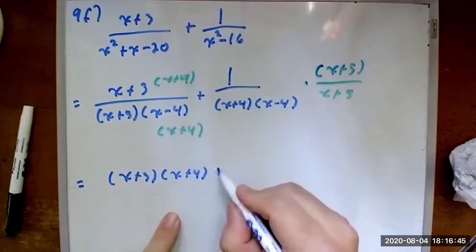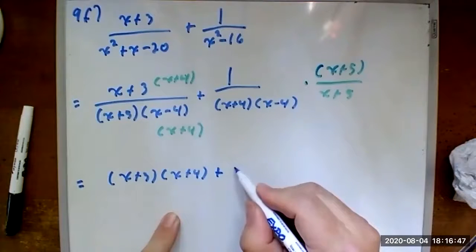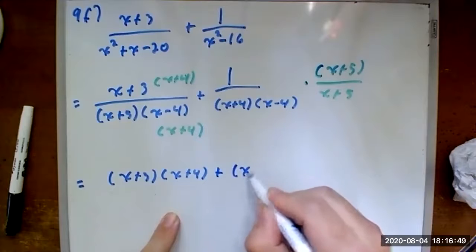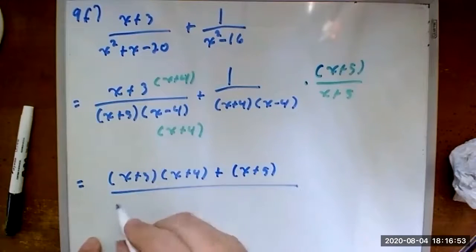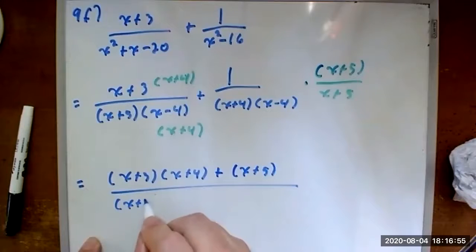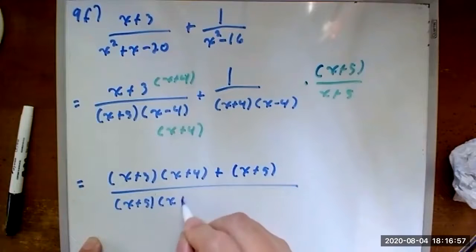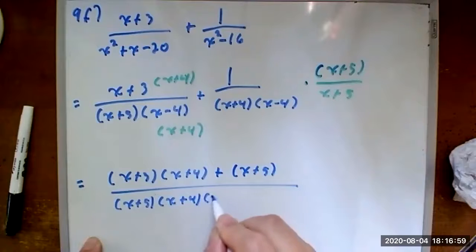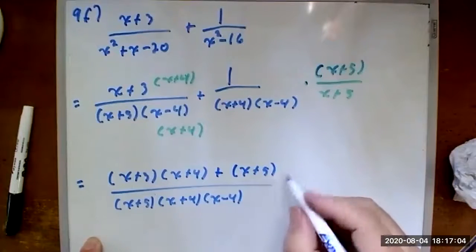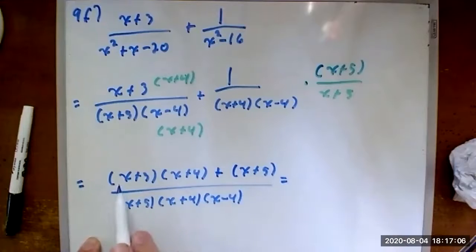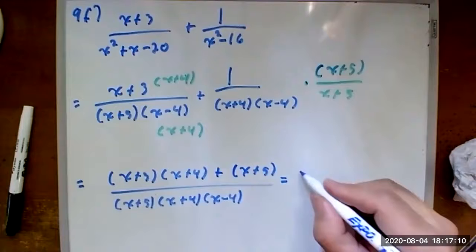When we do that, on top, I end up with x plus 3 times x plus 4, which I'll clean up in a little bit, plus x plus 5. On the bottom, we just have x plus 5, x plus 4, x minus 4.